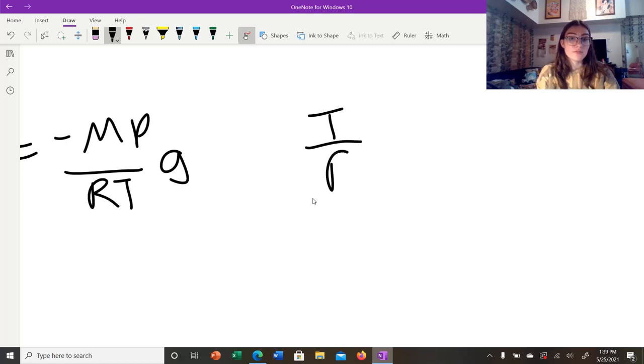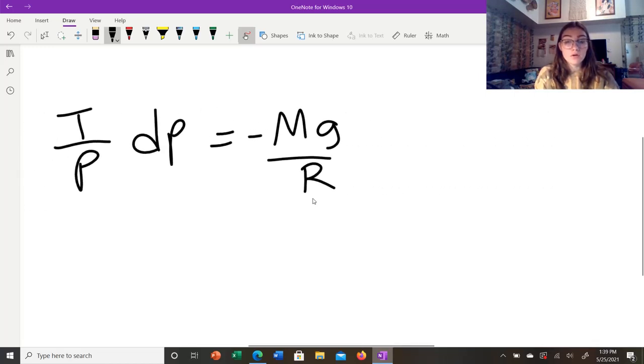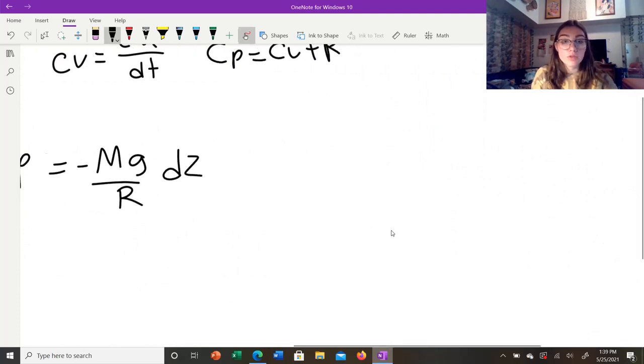We just switch some stuff in for that. Then we're going to do some rearranging, and we're going to have our temperature over our pressure, T over P dP, equals negative mg over R dz. So we just did a little bit of rearranging to get this easier to work with.